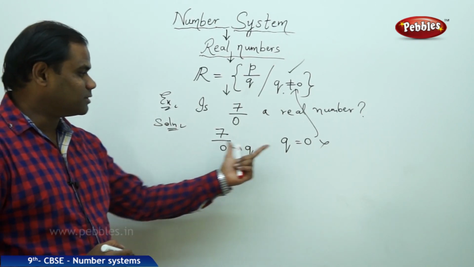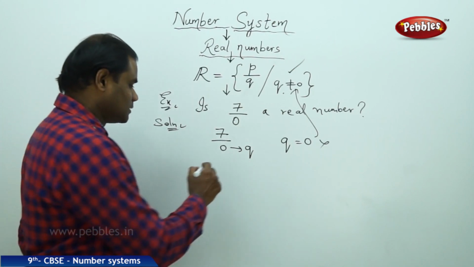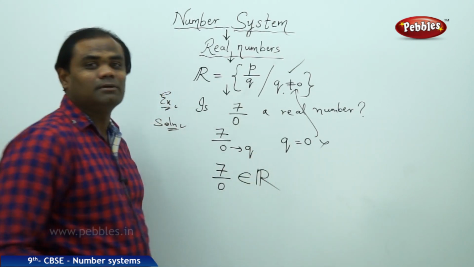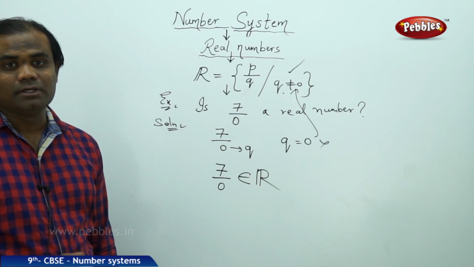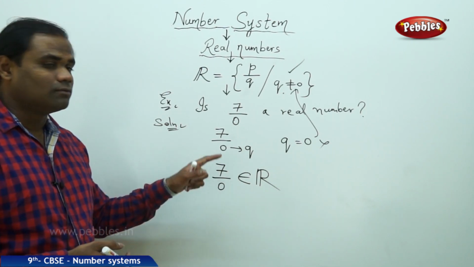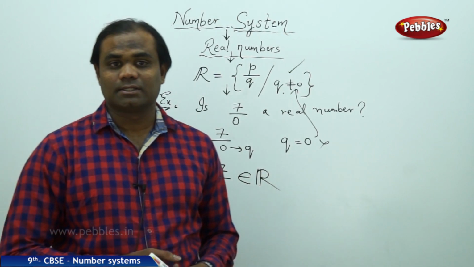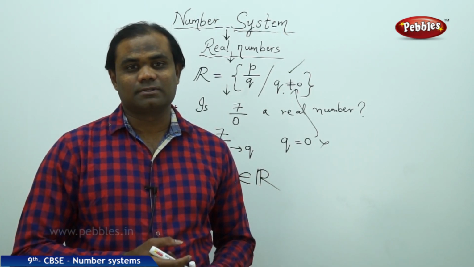Therefore, this number fails the test of a real number, which clearly states that 7 over 0 can never be a real number. The real numbers are all sets of numbers with the only exception being those numbers whose denominator is 0, is how we understand the set of real numbers.